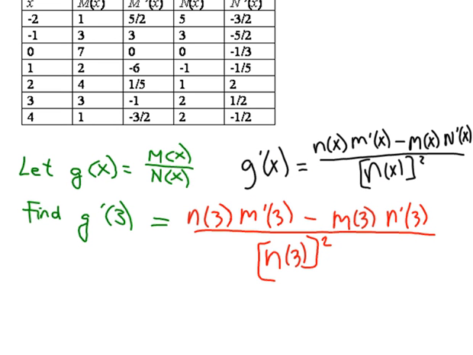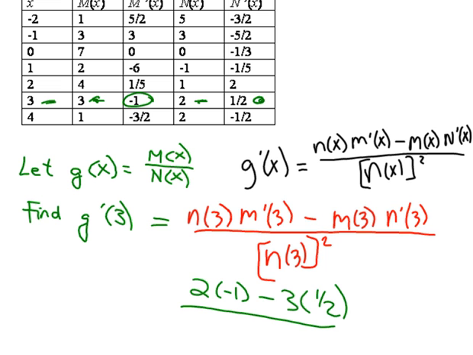So n of 3, so here I am at 3, and I go n of 3, which is 2. M prime at 3 would be -1. M of 3 is 3. And n prime at 3 is 1/2. All over n of 3, which we already said was 2, squared.